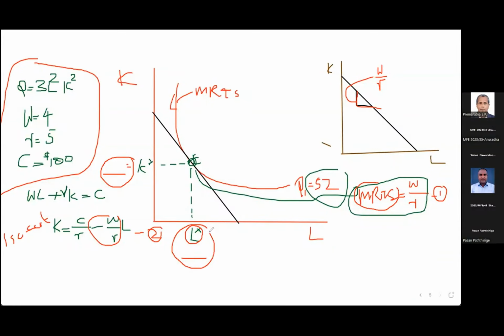And any other point, for example, if you look somewhere here, let's say the budget line goes like that. Any other point, something like point A, is not economically efficient.